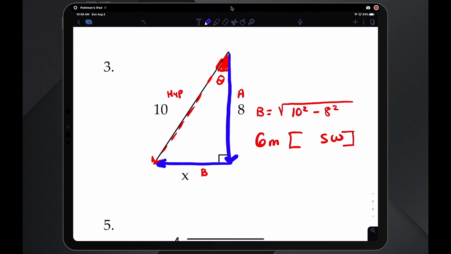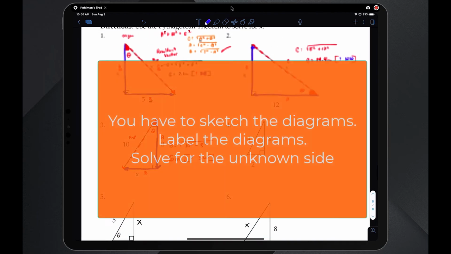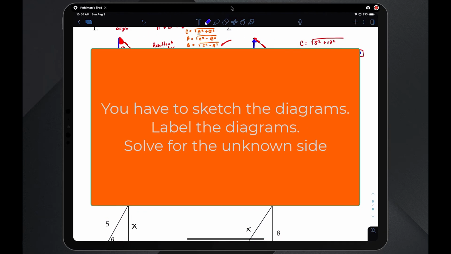At this point, if you know what you're doing with the Pythagorean theorem, labeling up your sides, you can go ahead and just continue with it. You don't have to work with me on the video. What you do have to show is all of your work. You have to sketch out the diagrams on your paper. You have to label the arrows.